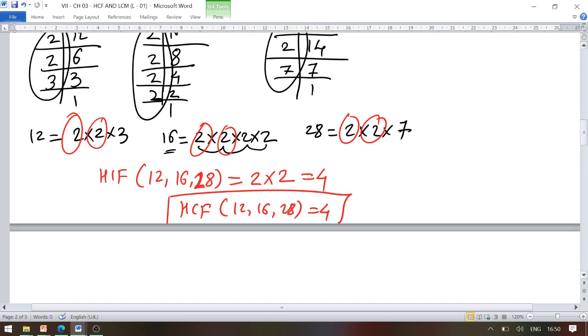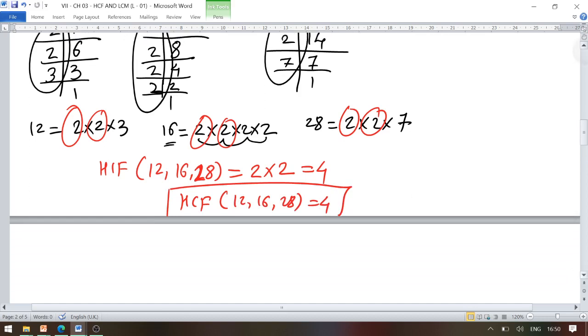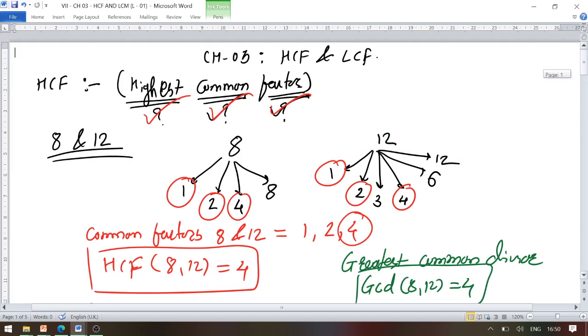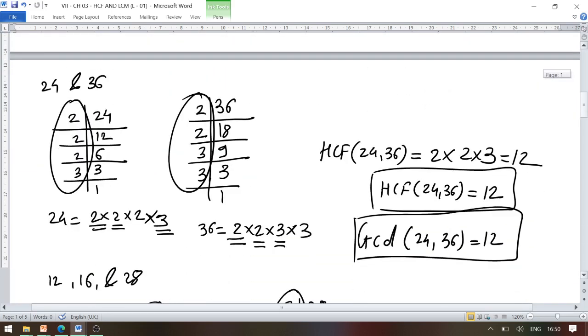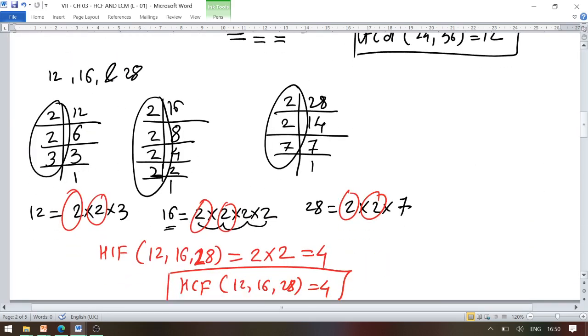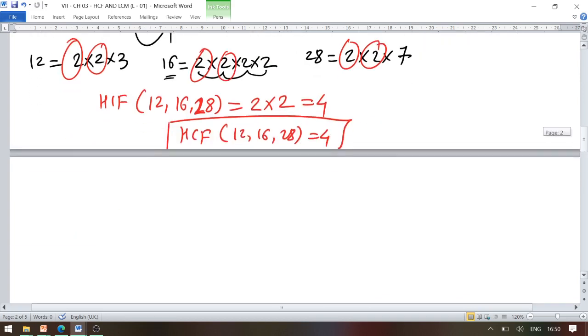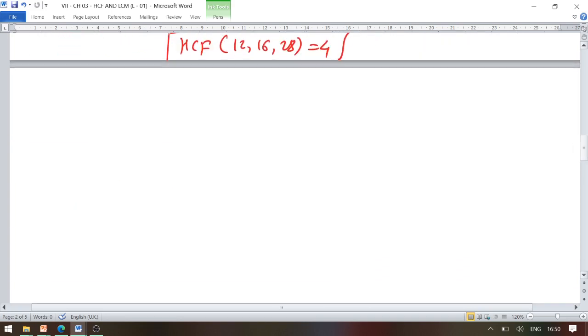Okay. So instead of using three different vertical divisions, we can easily combine them. Suppose we are given the same numbers 12, 16 and 28. We can use a single table for evaluating their common divisors, or we may say common prime divisors.